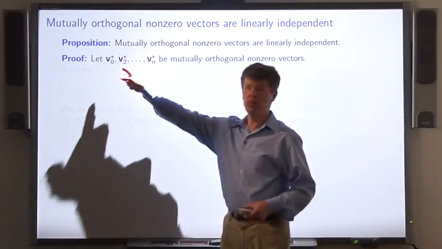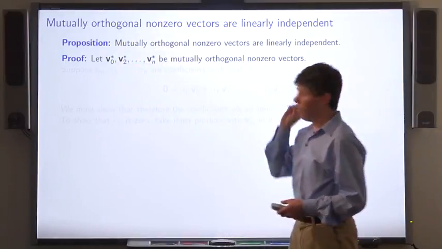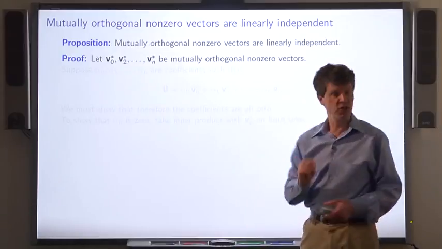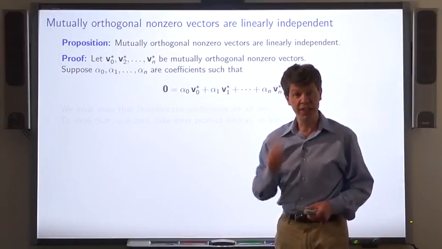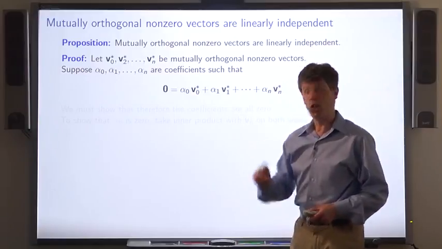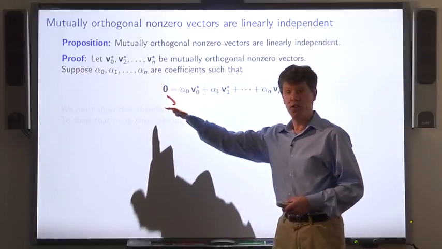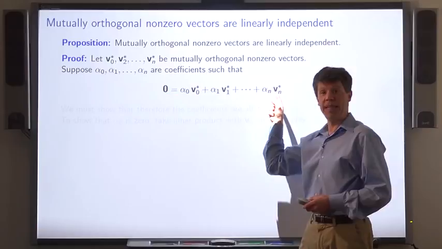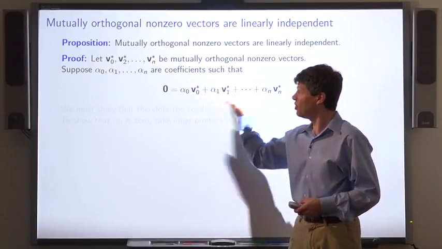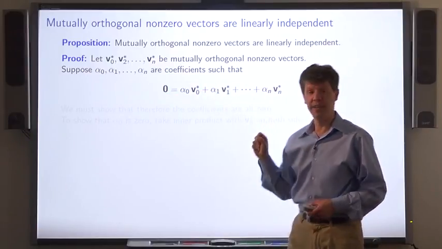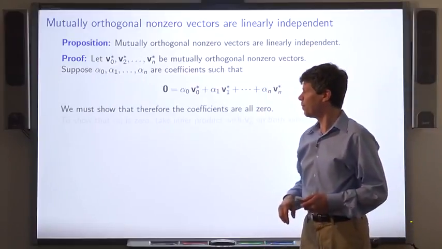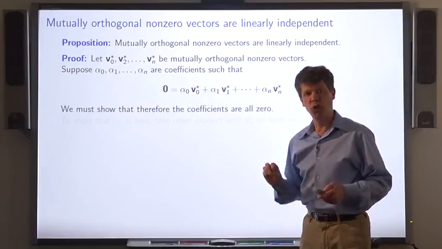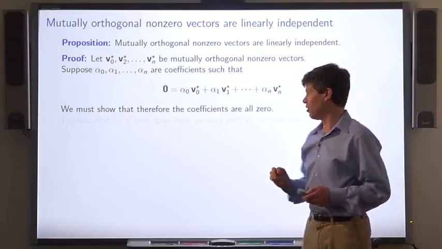So let V0 star through Vn star be mutually orthogonal non-zero vectors. We'll show that these vectors are linearly independent by showing that if you can write the zero vector as a linear combination of those vectors, then the coefficients, alpha 0 through alpha n, must be 0. So here we'll show that alpha 0 is 0.